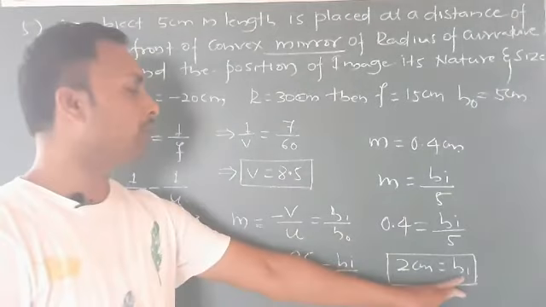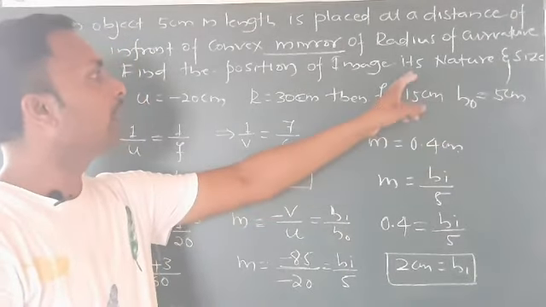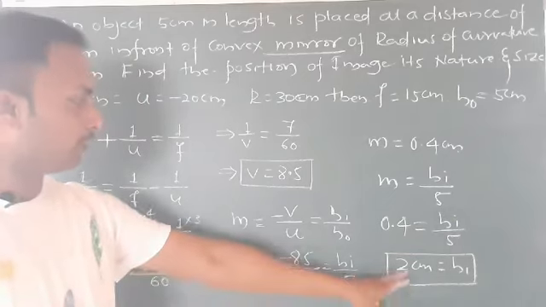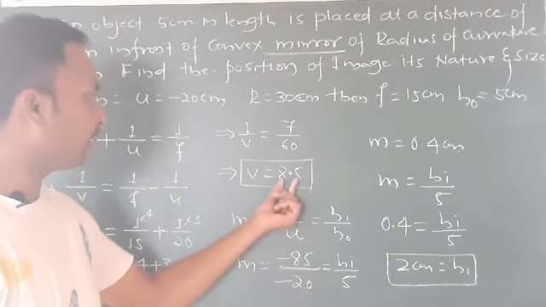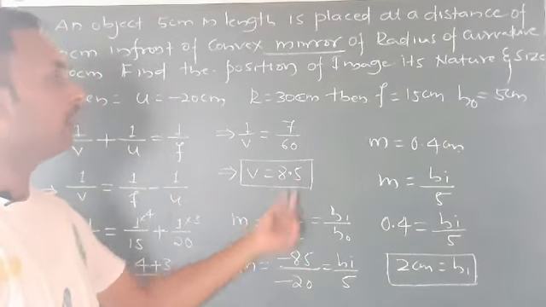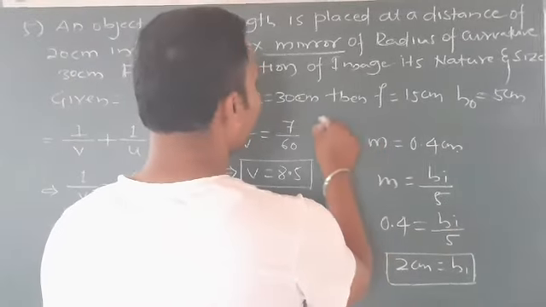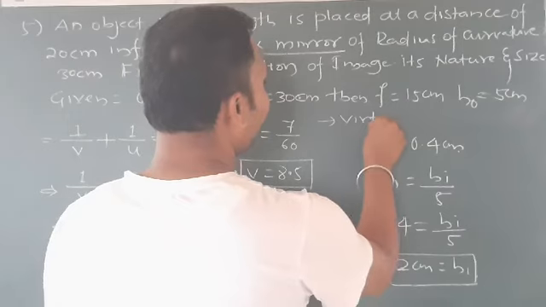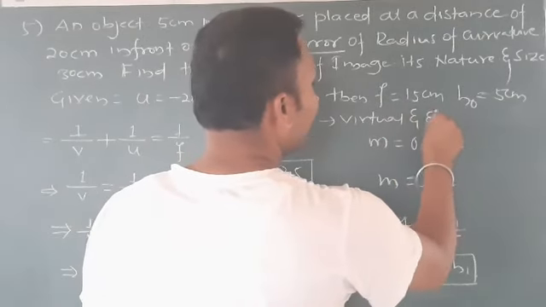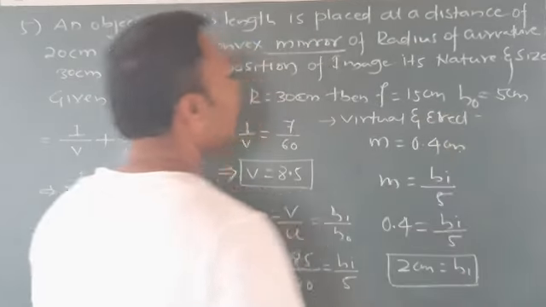So we can say that the size of the image is 2 centimeter. Its nature is virtual, if it is V, what we got 8.5, virtual and erect. So let me write here. Okay, so this is virtual and erect.